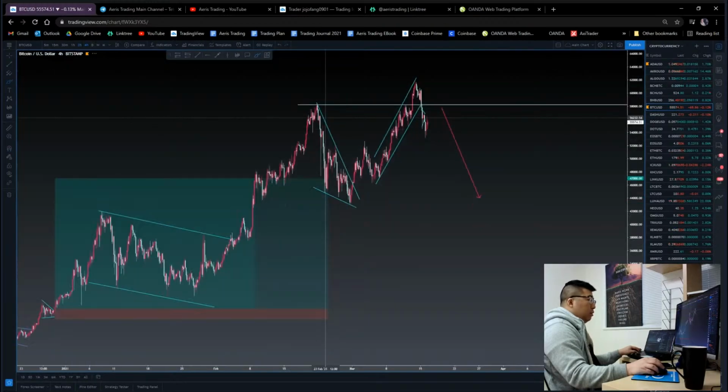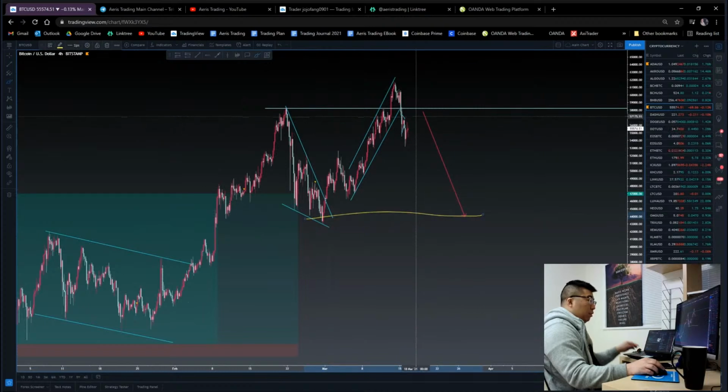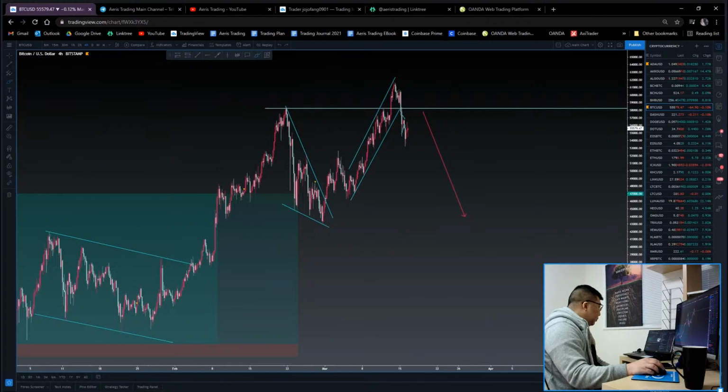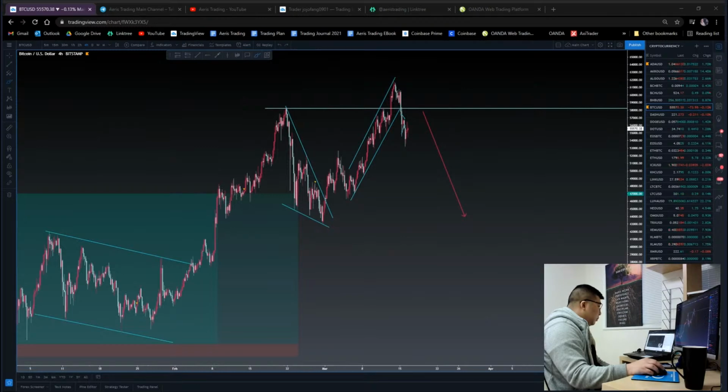So to me, short-term wise, I do see that most of the crypto is going to be a little more bearish, and at least for Bitcoin, I do expect this to drop down to the low before any further bullish continuation. That's what I see on Bitcoin.